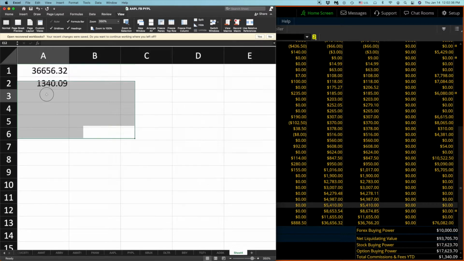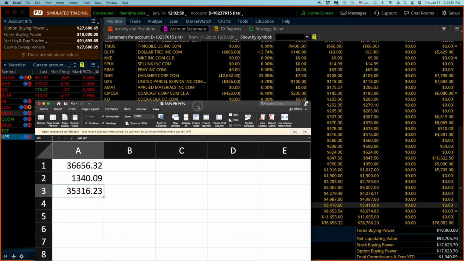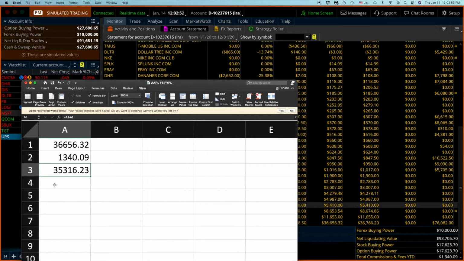And then we subtract. And that gives you our total gain for the year. Well, the total value at the end of the year was 91,631.15.